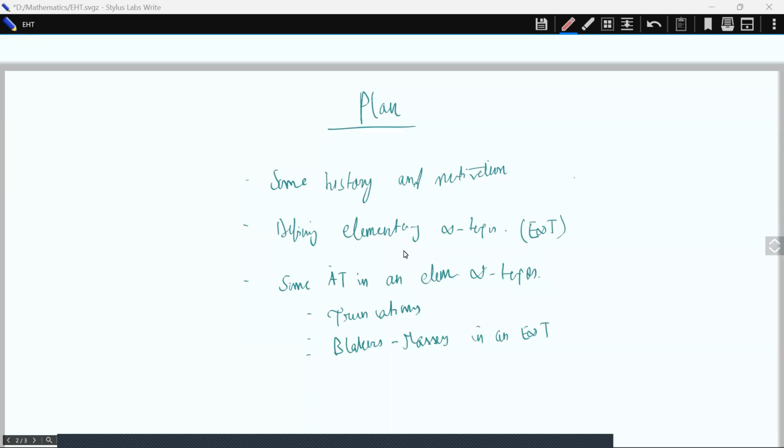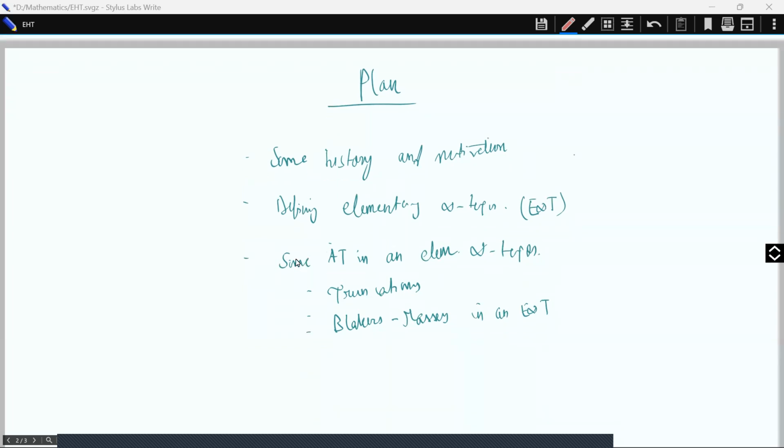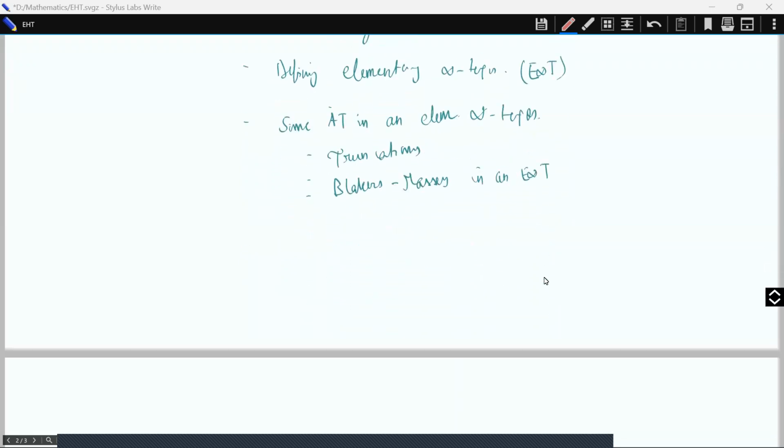I'd call it E infinity T, or EHT, where H stands for higher. Then we'll talk about some algebraic topology in elementary infinity topoi: truncations, how you can think of truncations in an arbitrary elementary infinity topos, and the Blakers-Massey theorem in an elementary infinity topos. So, let's begin.